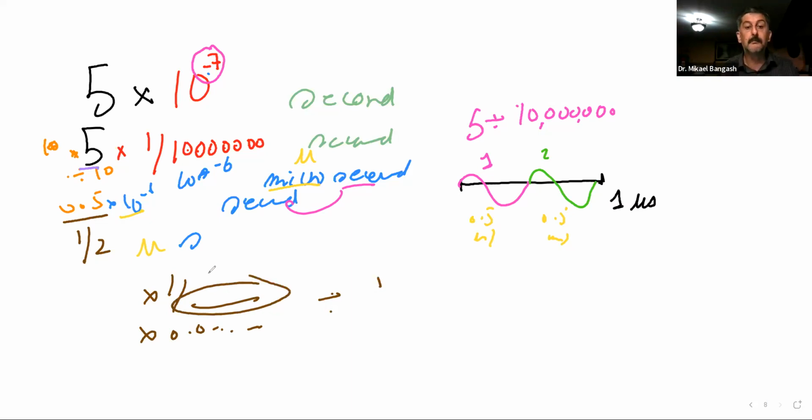But you just have to make sure that if you do that, then you also change the unit accordingly.